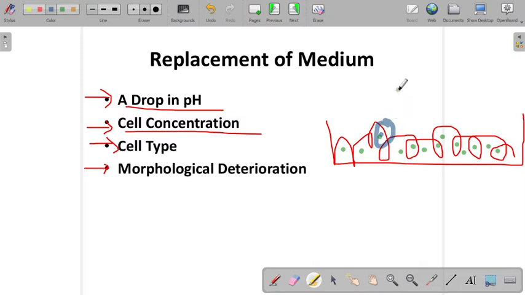Now these cells immediately get media. They are exposed to the external environment. But imagine the cell which is present over here, which is not exposed at all, because three cells are above that cell, so it is not able to reach the nutrients to absorb the food which is necessary for that cell.